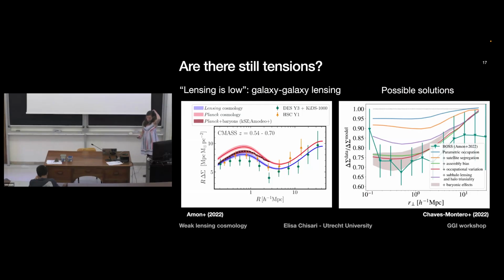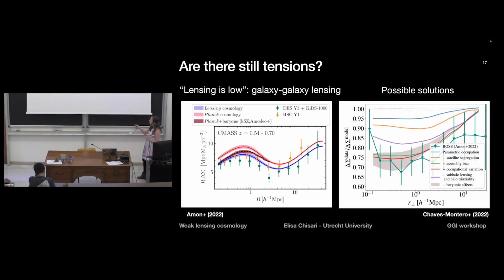So are there still tensions? We've been talking about the galaxy-galaxy lensing problem, where galaxy-galaxy lensing is low. Emmanuel showed yesterday some results from KiDS, which I'll go back to talk about in a little bit. The idea is that if you try to measure galaxy-galaxy lensing through the delta sigma profile of the matter around the lenses at very small scales, then you get some discrepancy with Planck.